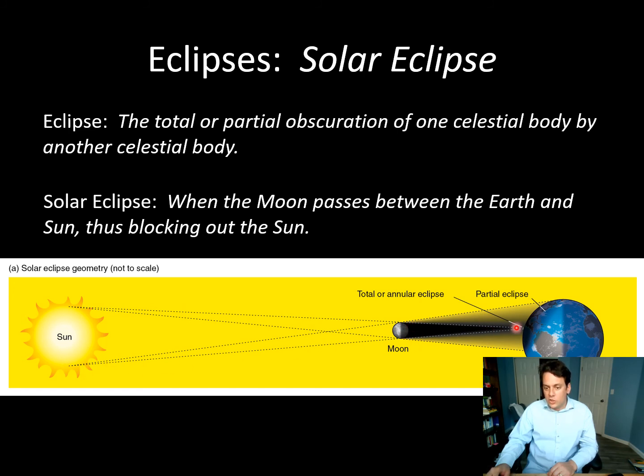So there's a region of total blockage, where no rays can get past the moon and land on this place on Earth. In that region, you will see either a total or an annular eclipse, depending upon how far the moon is from the Earth in its orbit at that time. But there's a much larger region of the Earth where there's a partial eclipse, where a lot of the sun's rays are blocked, but not all of them.